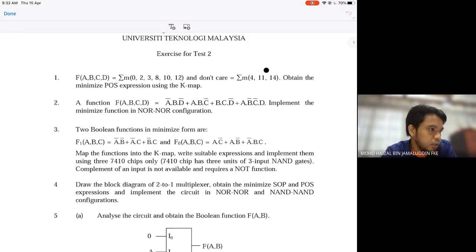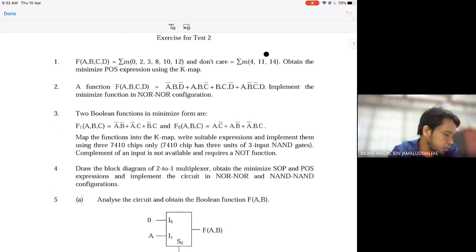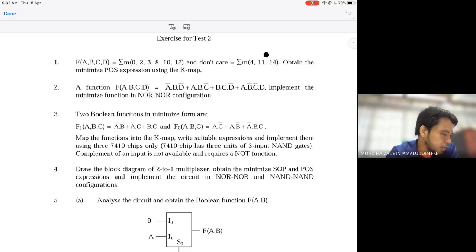That means you have 0, 0, 0, 0, then 0, 0, 0, 1, and so on. And then you just put the minterms 1 for the cases of 0, 2, 3, 8, 10, and 12, and for the others you put 0.